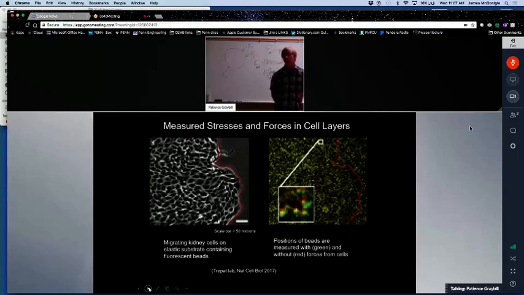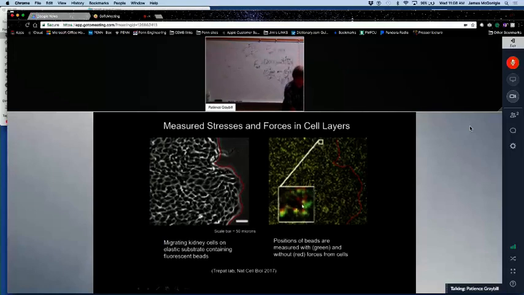This is a layer of migrating kidney cells, again, on an elastic substrate containing fluorescent beads. And here is a before and after experiment. So first, the red is the positions of the beads without the forces from the cells.